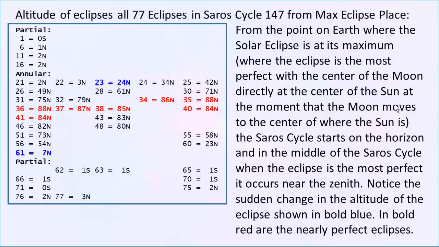If you take the point on the Earth where the maximum eclipse occurs, the first eclipses we would assume occur near the horizon, and then as we get to the middle of the Saros cycle, they would come overhead. Is that true?